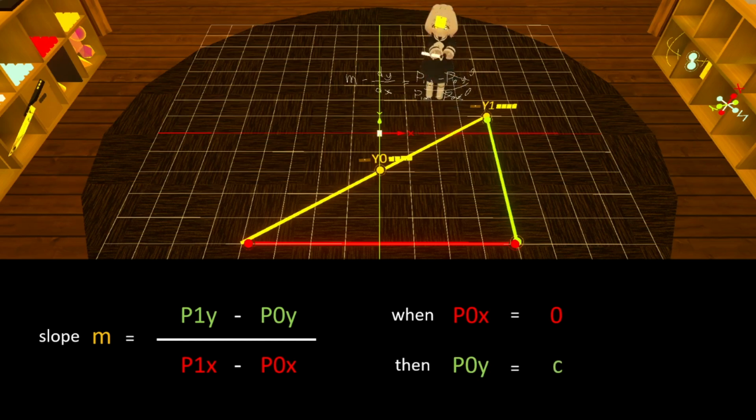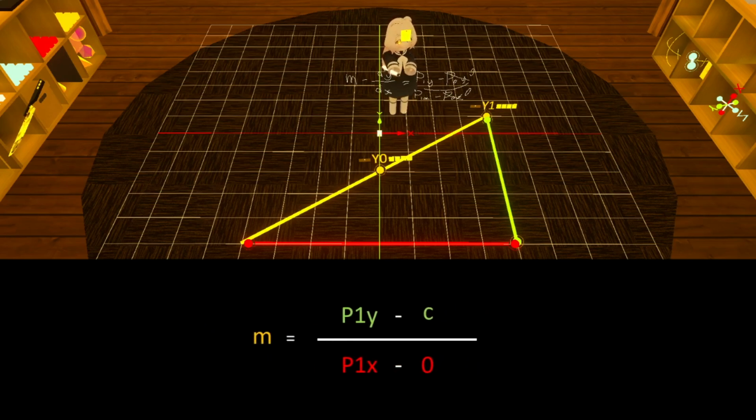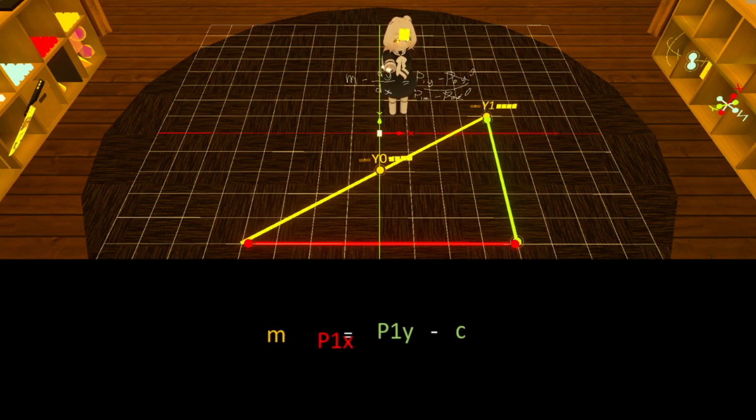So if you rearrange this whole thing, you can actually get m equals p1y minus c divided by p1x. And then if you rearrange this whole thing again, you can get p1y is equal to m times p1x plus c.